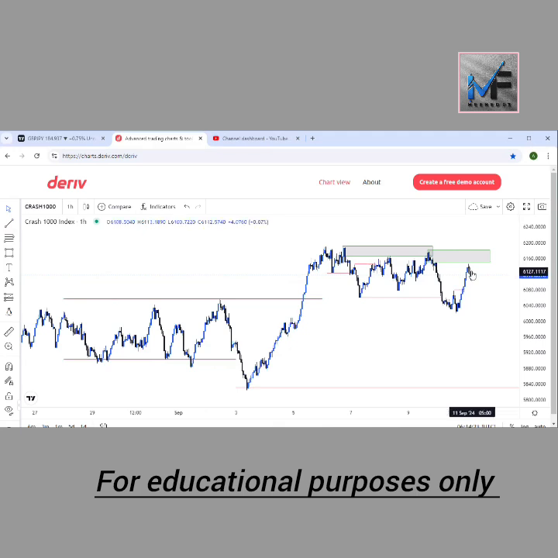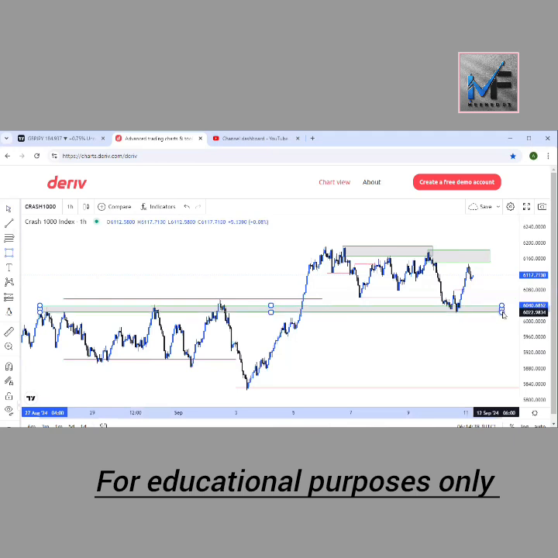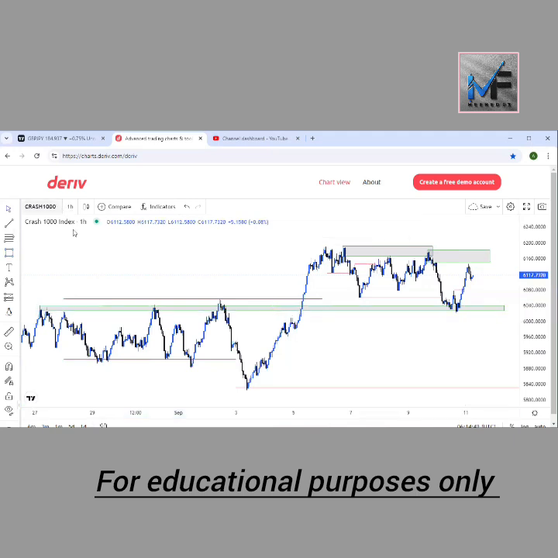The reason why I wouldn't be thinking about selling this asset yet, unless I see confirmation on lower time frame, is because price is at a structural point on H4, somewhere around here. Probably, what do they call it, support on H4.